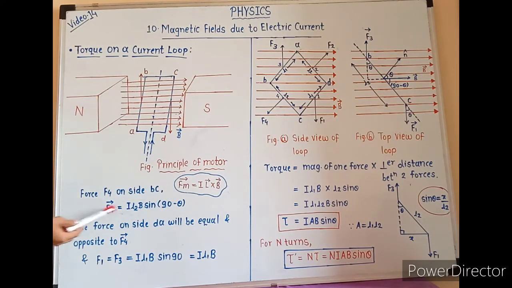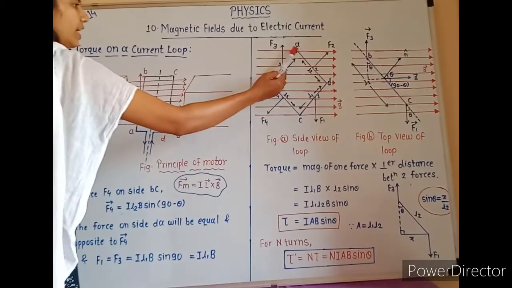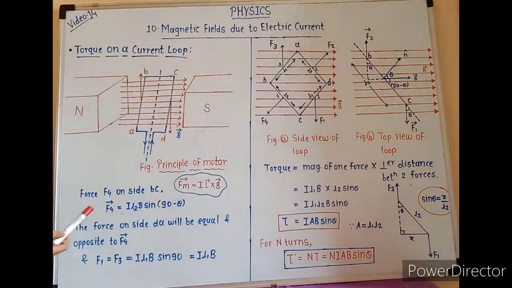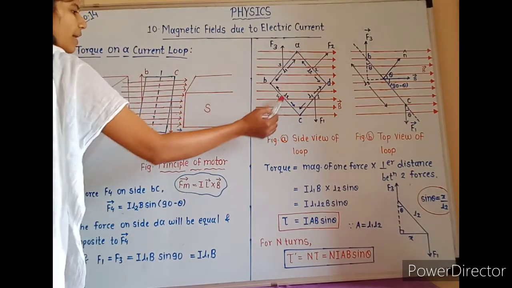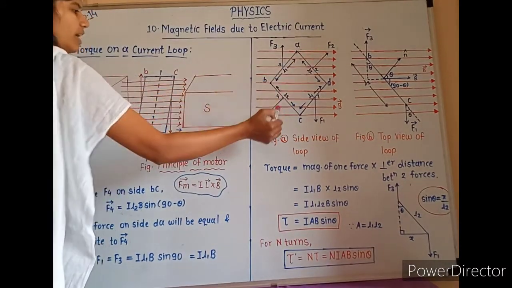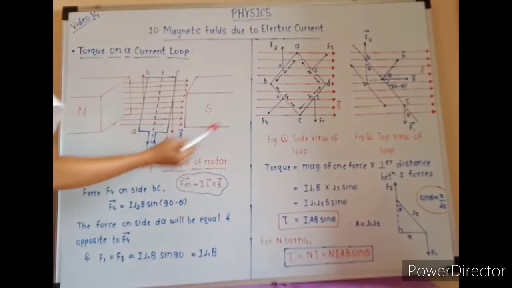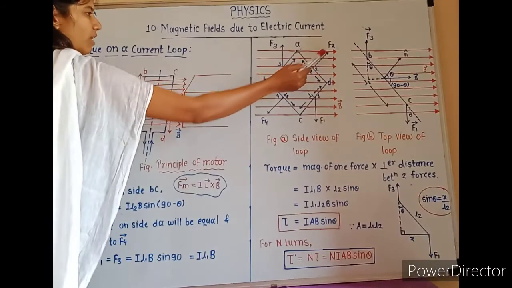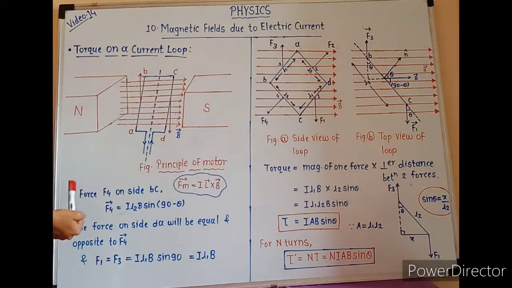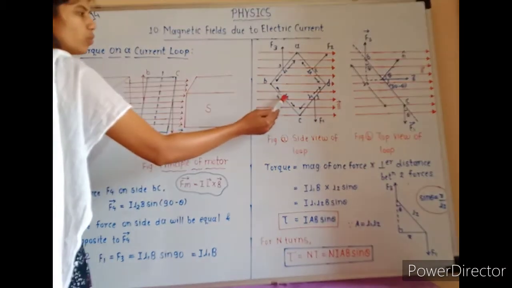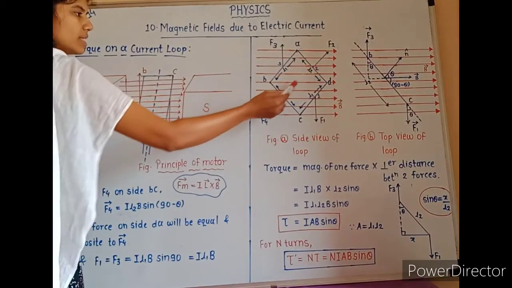Now we will calculate the force on side DA, that is F2. The force on side DA will be equal in magnitude but opposite in direction. Okay. This force F2 will be equal in magnitude but opposite in direction to this force F4, and these two forces act along the same line.